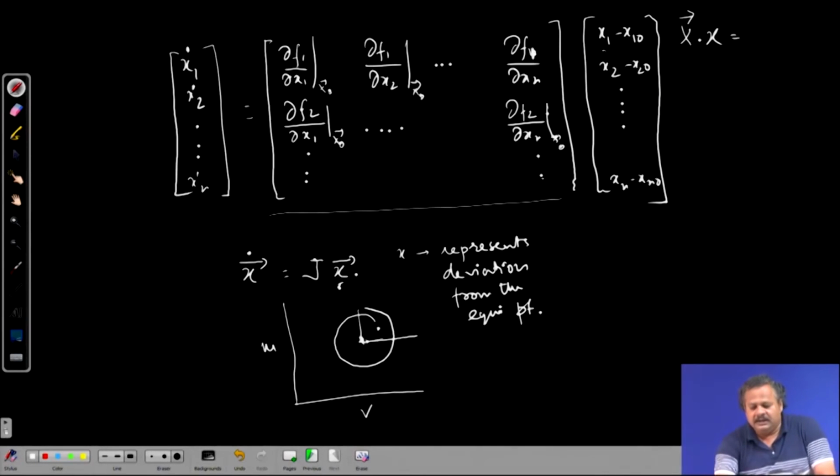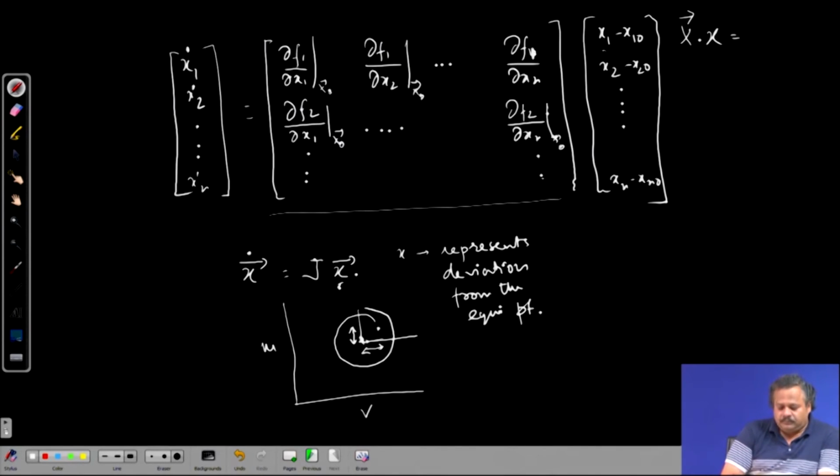So, x1 minus x1 naught is the deviation from the equilibrium point along this axis, and x2 minus x2 naught is the deviation along this axis. This matrix that we have written here is called the Jacobian matrix, and it simply is the first order partial derivatives evaluated at the equilibrium point.